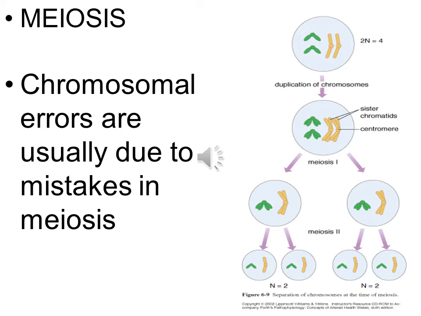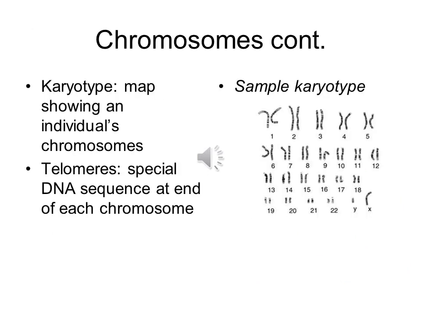So, while somatic cells have 46 chromosomes, gametes, after they've been produced by meiosis, will only have 23 chromosomes. If a mistake occurs during this process, we can end up with an extra chromosome in a gamete or being short a chromosome in a gamete. Sometimes we also can end up with an entire extra set of chromosomes in a gamete. And of course, any deviation is going to cause problems if that gamete happens to be involved with fertilization.